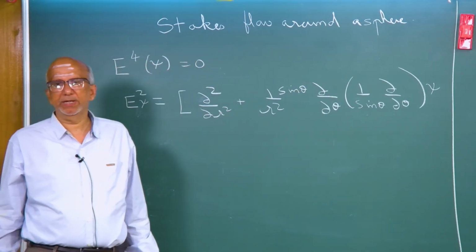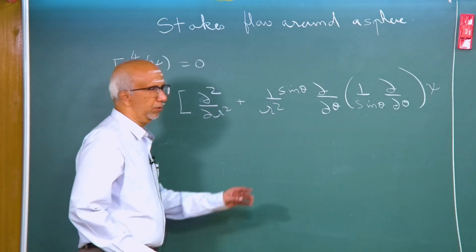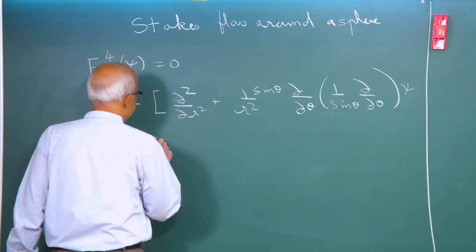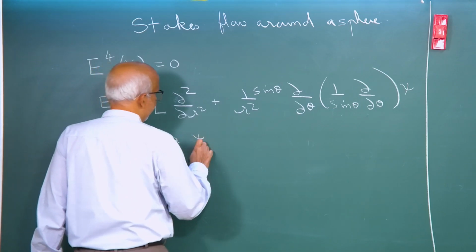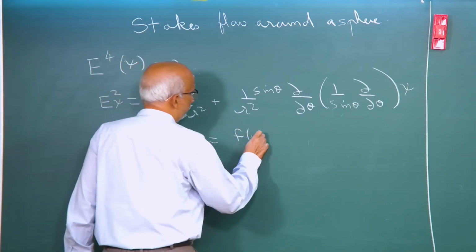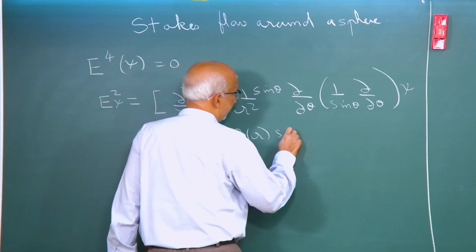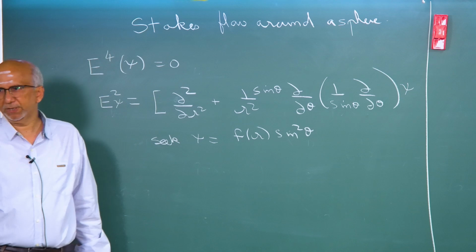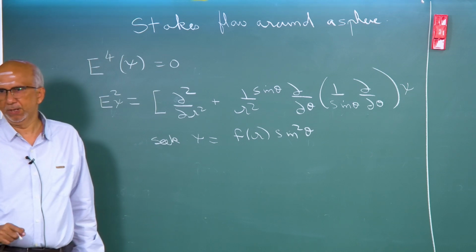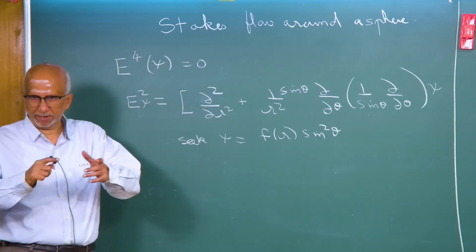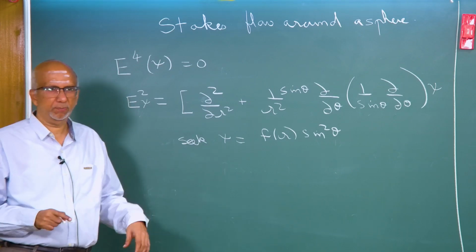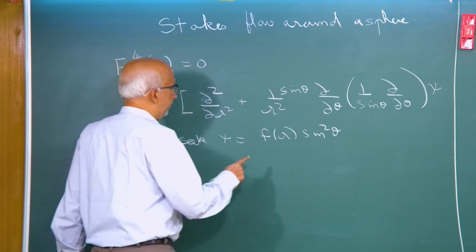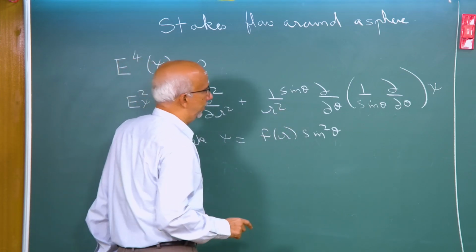And what we did was, because of the form of the boundary condition, we seek psi as some function of r times sin squared theta, because I want this stream function to match my boundary condition at infinity. This looks like some kind of an ad hoc thing, but we can also do it formally using separation of variables. Now supposing I substitute this inside here, what do I get?